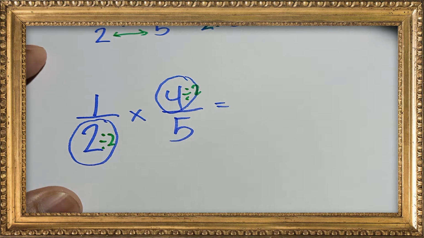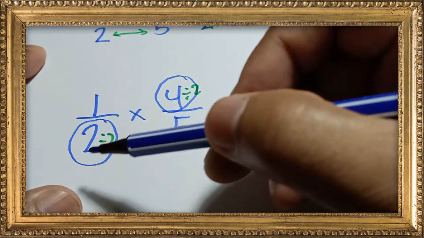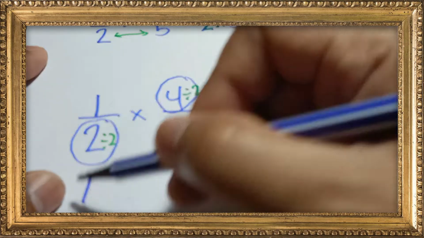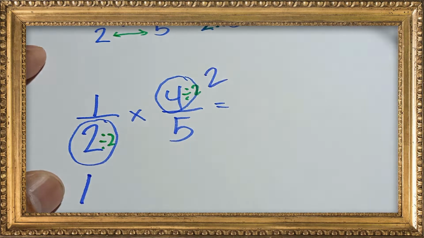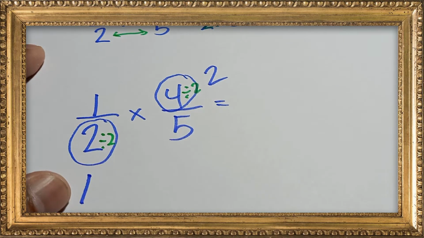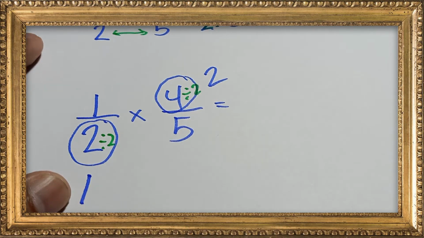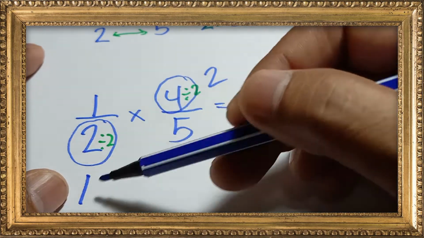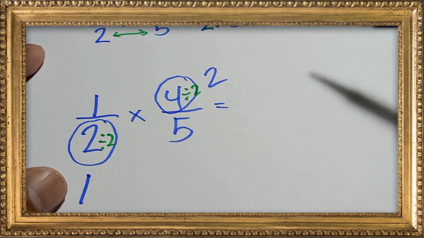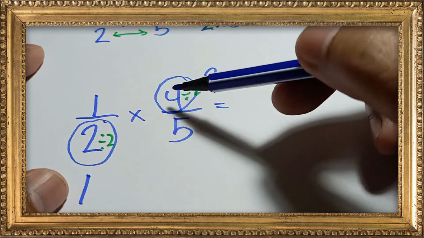So 2 divided by 2 is 1, and 4 divided by 2 is 2. It's called cutting or canceling out. You divide them by 2.